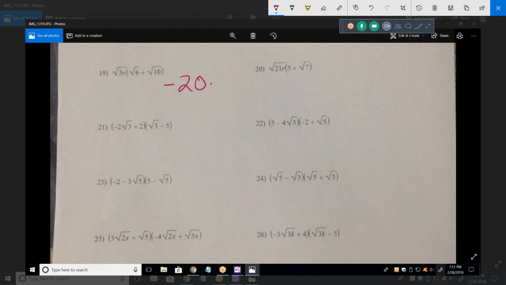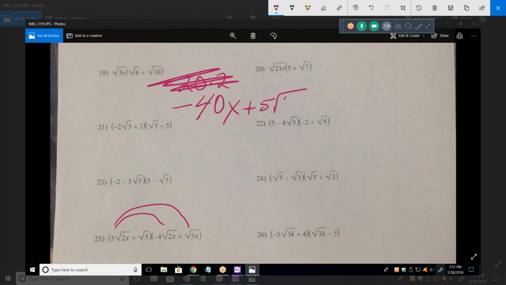So that'd be negative 40x. And outside would be, that's times that. Yeah, okay, now the outside is what? Is 5 square roots of 10x. Plus sign. You got to say plus. Yeah, plus 5 roots of 10x.